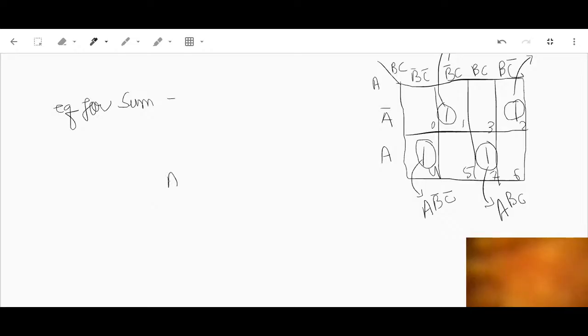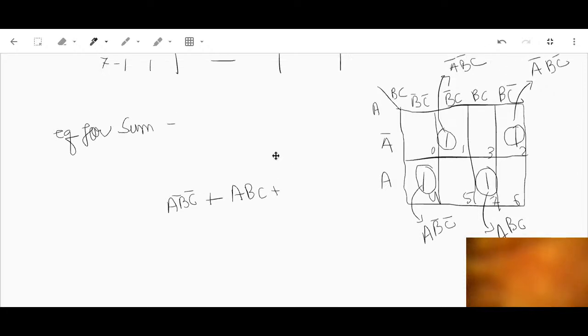I'll solve here, right? So A B bar C bar plus A B C plus A bar B bar C plus A bar B C bar.